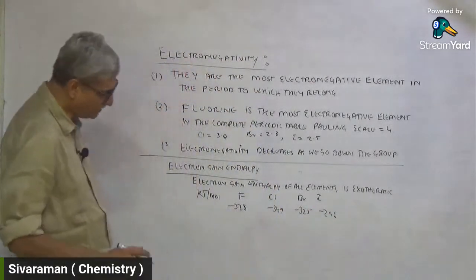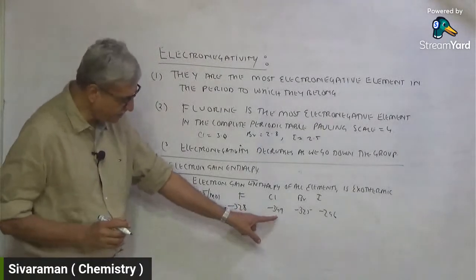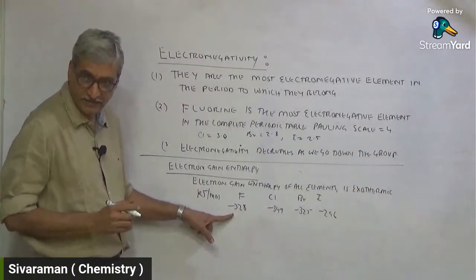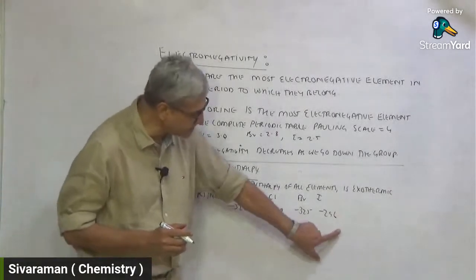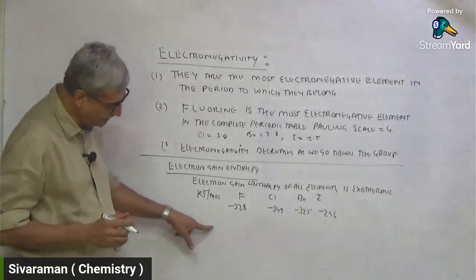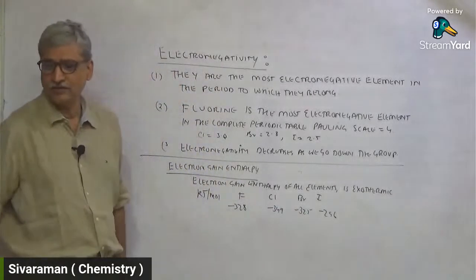You can see this is 349, so fluorine should have been more than 349. Then you would have the rule that electron gain enthalpy decreases as we go down the group.